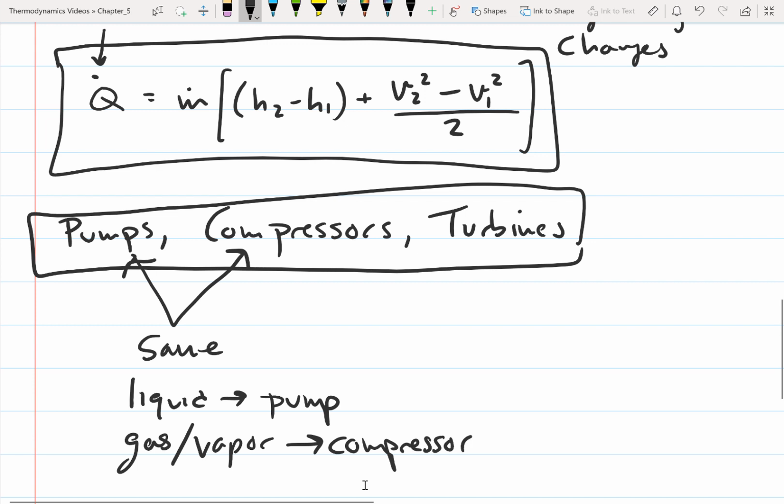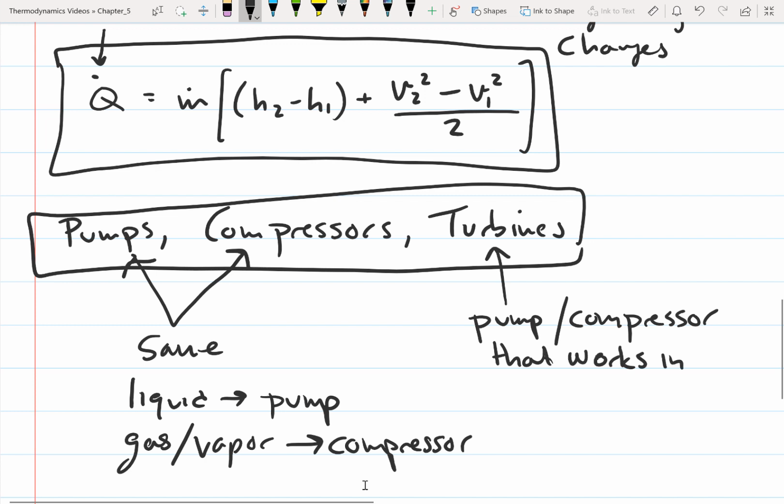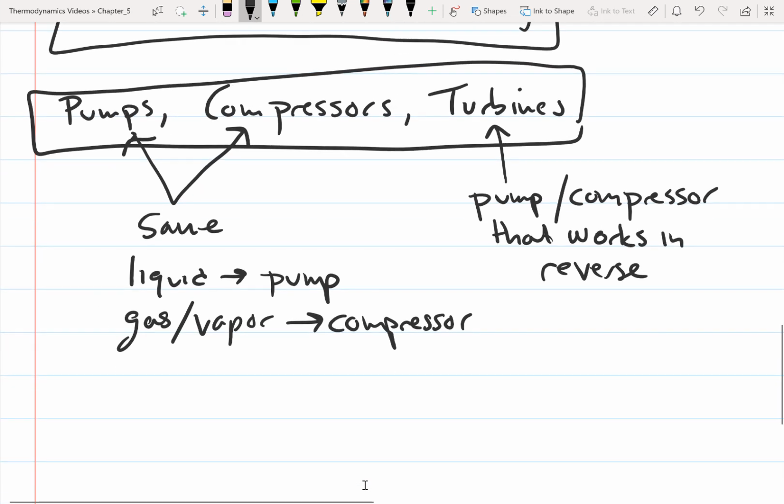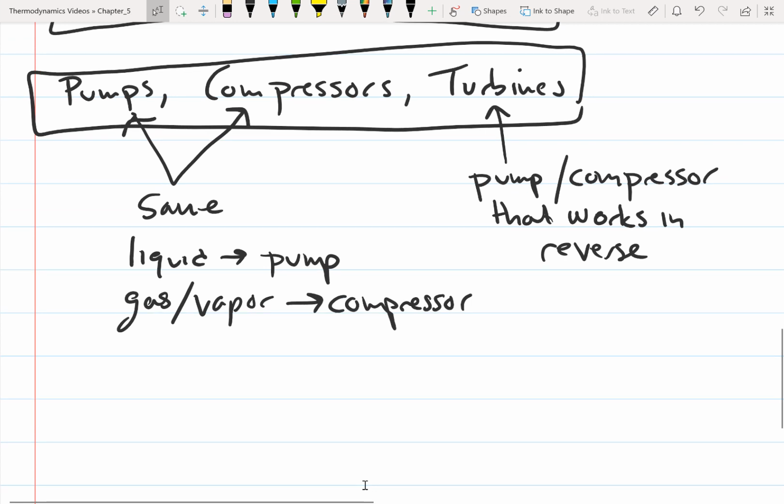And a turbine does the opposite of a pump. So a turbine drops the pressure and extracts work from the fluid. So a turbine is a pump or compressor that works in reverse. Basically, most of these pumps, compressors, and turbines are centrifugal devices. In other words, they have a rotating blade that's hooked up to either a motor or a generator.